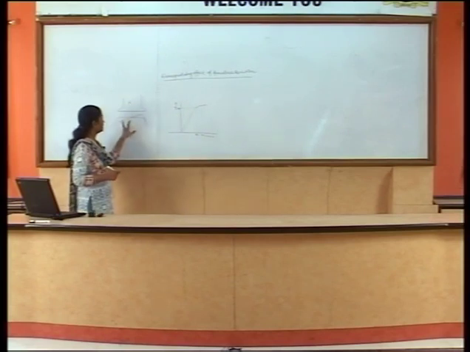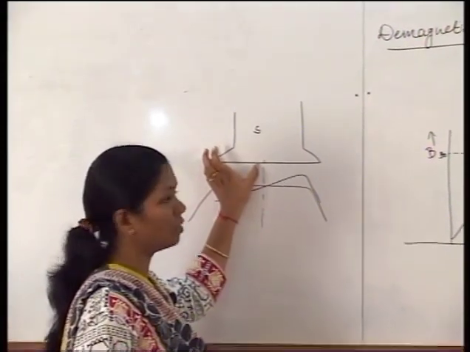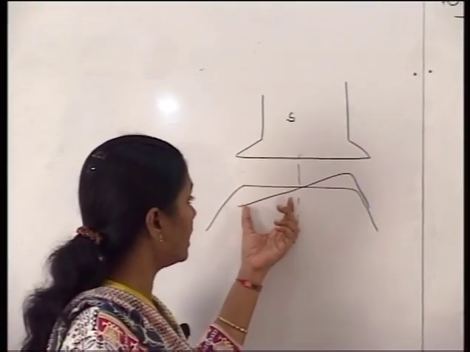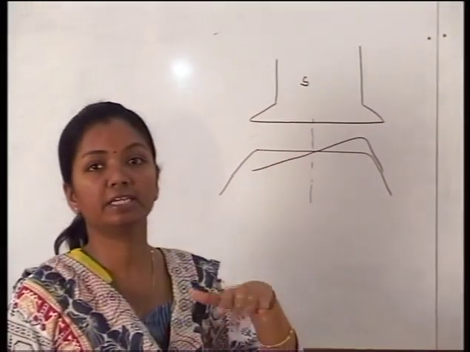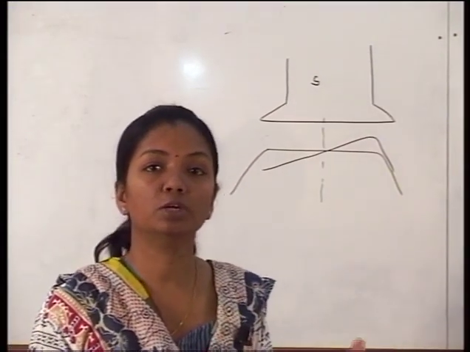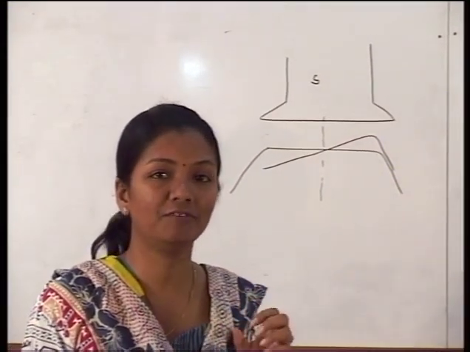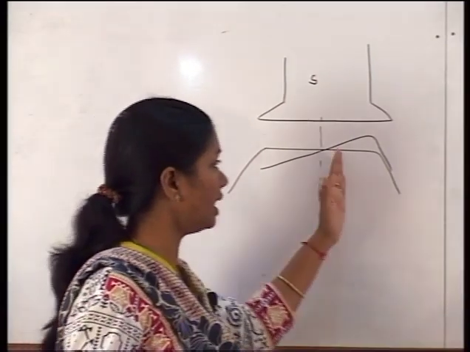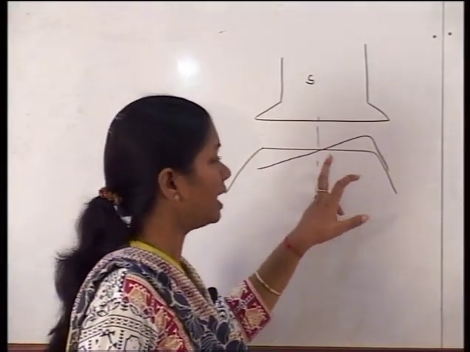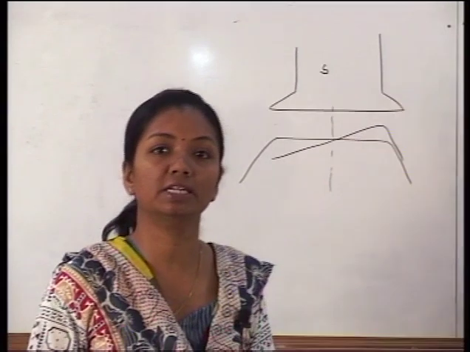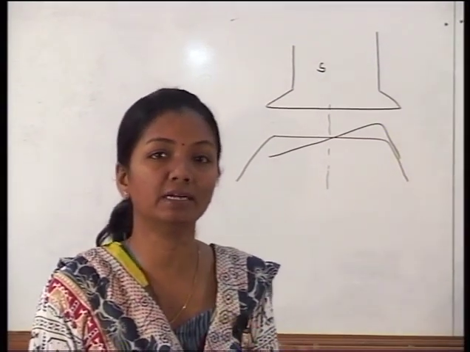As I told, in the first half of the pole, the armature flux was in the opposite direction to the field flux, so it was producing the demagnetizing effect. And in the second half, the armature flux was in the same direction as the field flux, so it was magnetizing in nature.